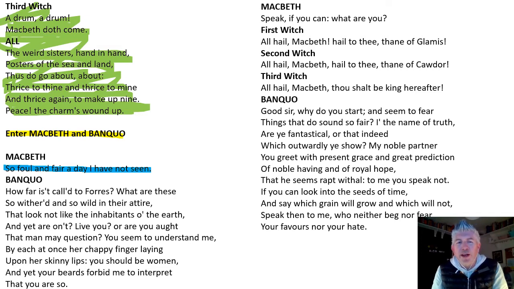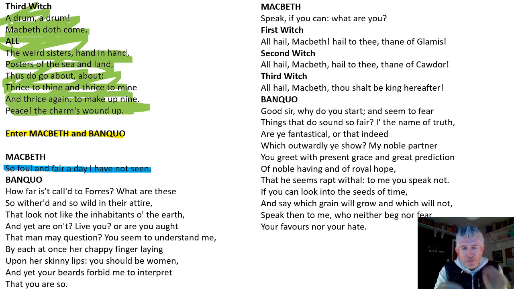He uses the language "foul and fair a day I have not seen", which I'm sure you'll remember echoes one of the lines that the witches say in their first scene. They say, "Fair is foul, and foul is fair, hover through the fog and filthy air," at the end of the first scene in Act 1.